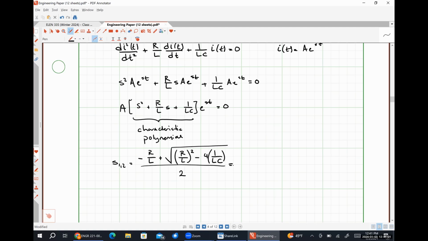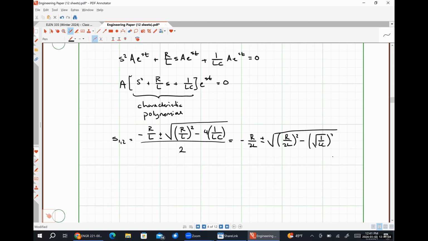Moving that 2 from the denominator up, it's going to look like negative R over 2L plus or minus the square root of R over 2L quantity squared minus 1 over LC. And we now have it in exactly the same form as we had for our parallel RLC circuits.